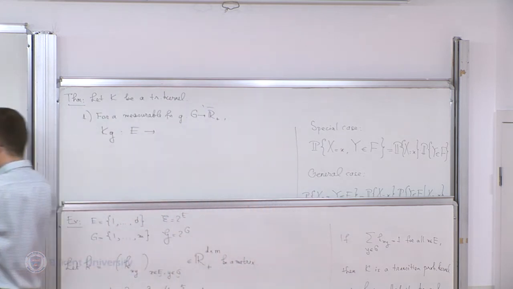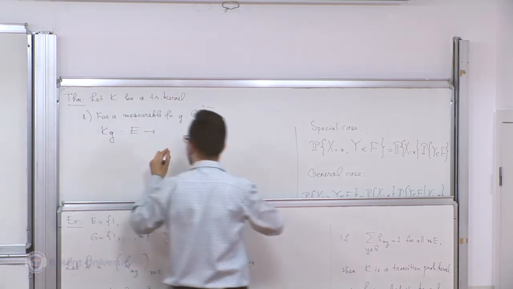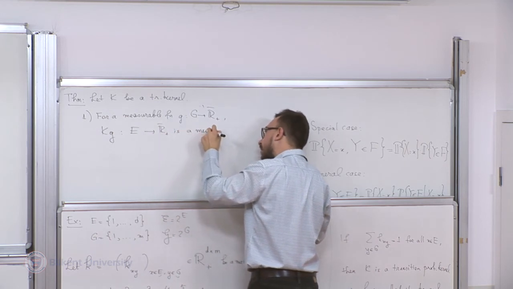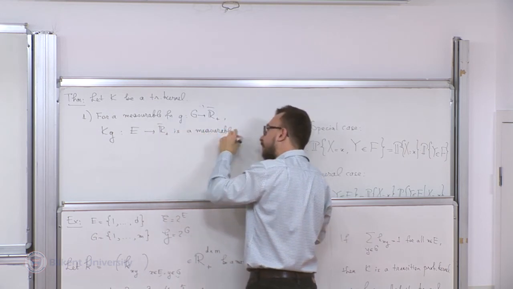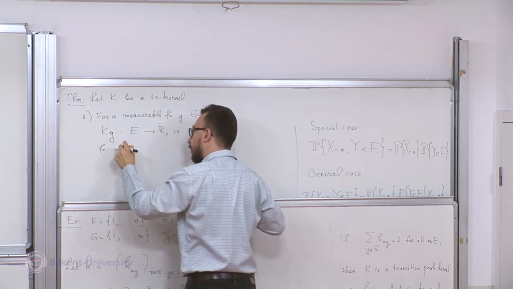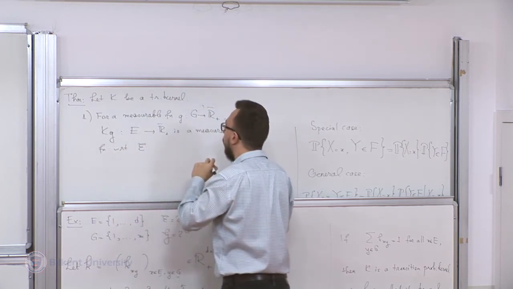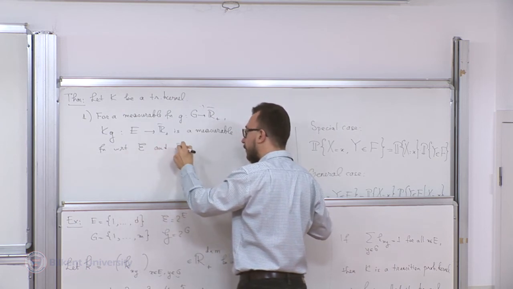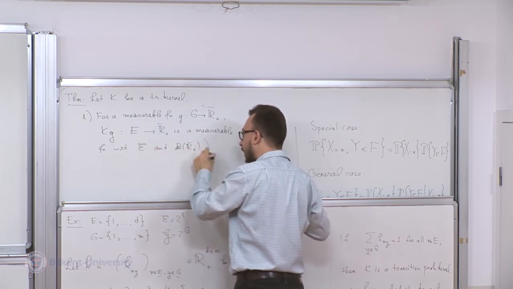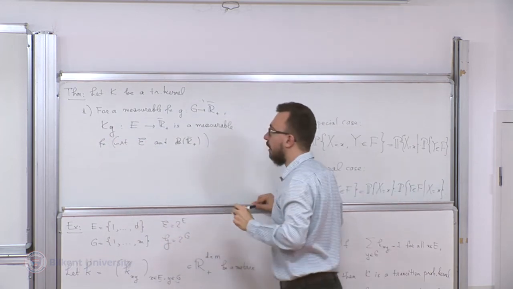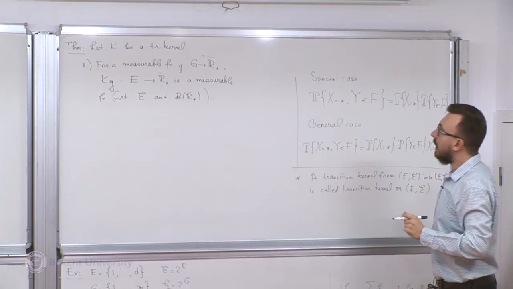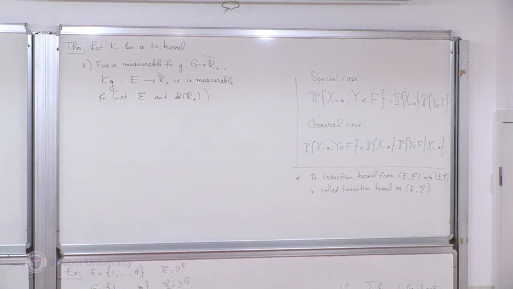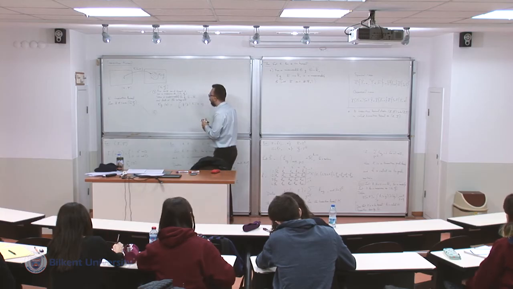It is defined on the first space, is a measurable function. Of course, with respect to script E, because it is the sigma algebra on E. Let me write it in parentheses. This is what I want. And there is a number 2.